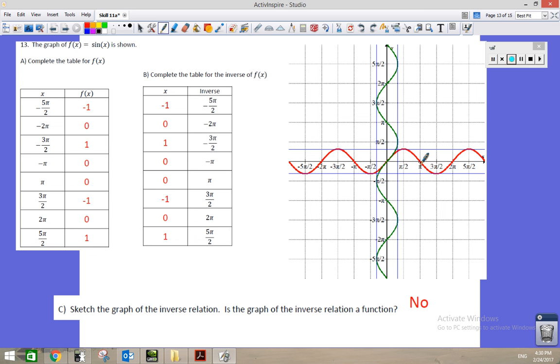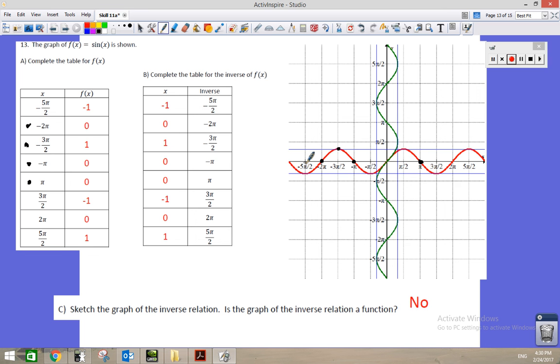When x is pi, it's 0. When x is negative pi, there, there. At negative 3 pi over 2, I'm up here, and that's at 1. And at negative 2 pi, I'm back down here to 0.